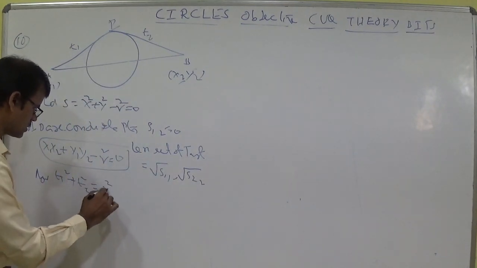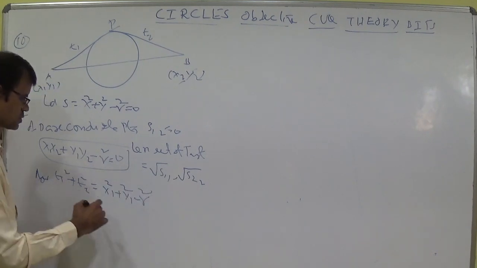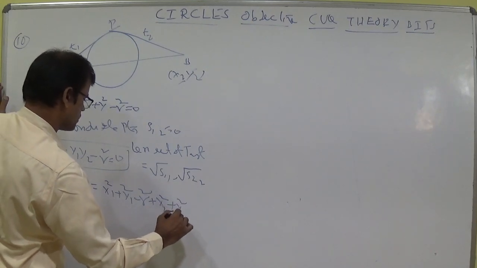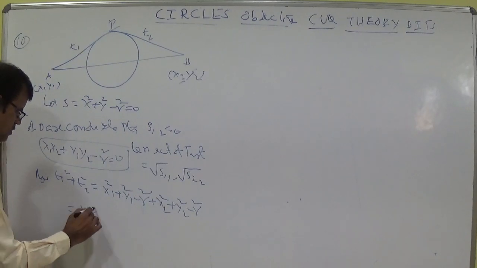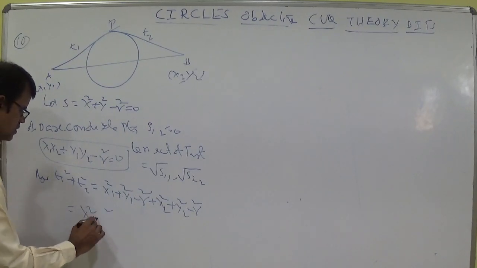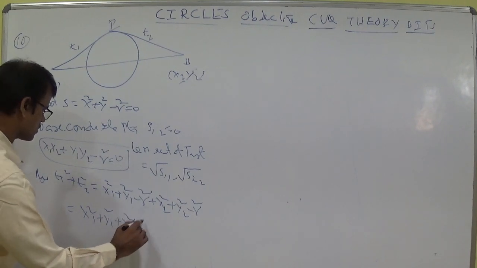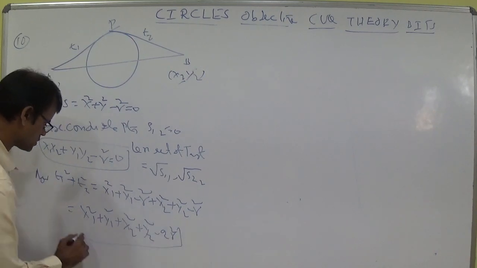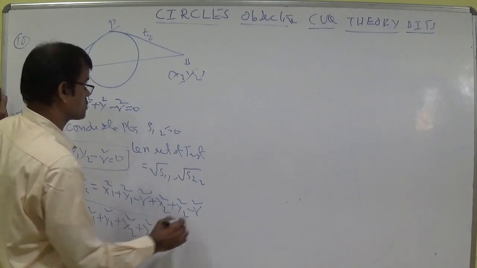So whenever T1 square plus T2 square is given, you can write this as x1 square plus y1 square minus r square, like this. So you can write x1 square plus y1 square plus x2 square plus y2 square minus 2r square is the value of T1 square plus T2 square.